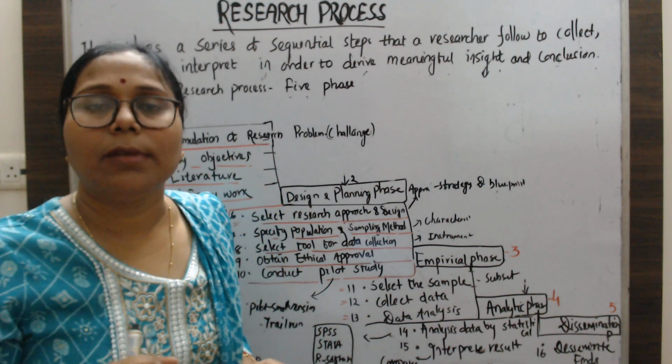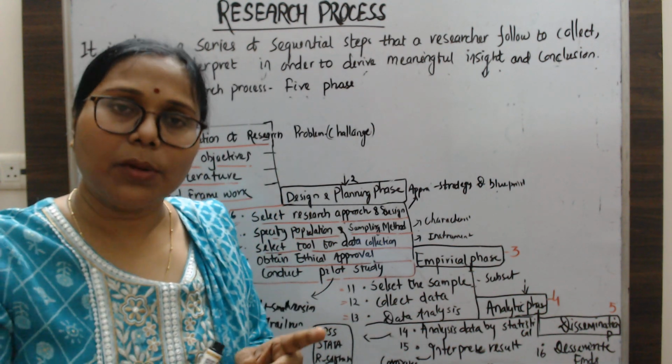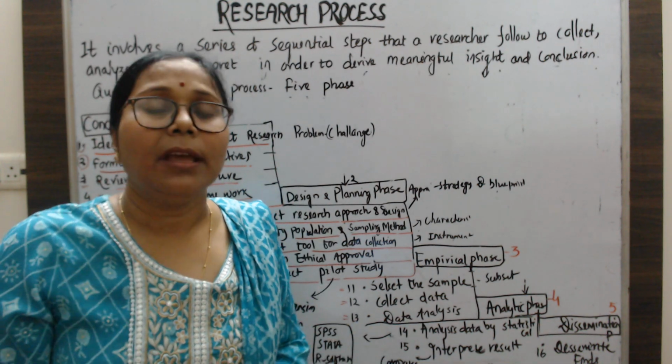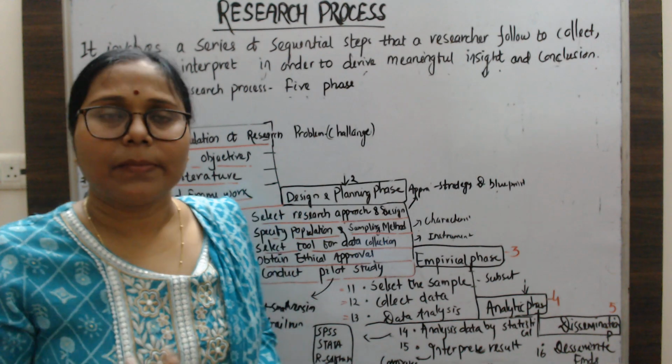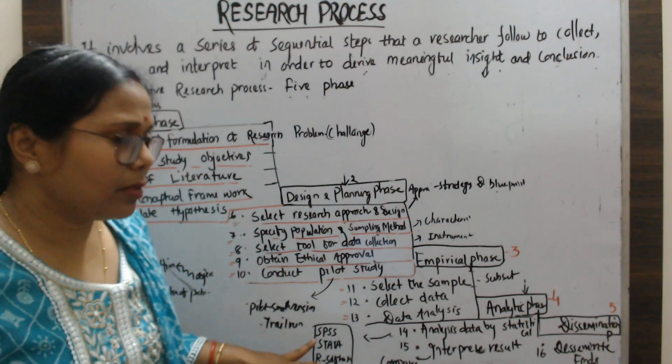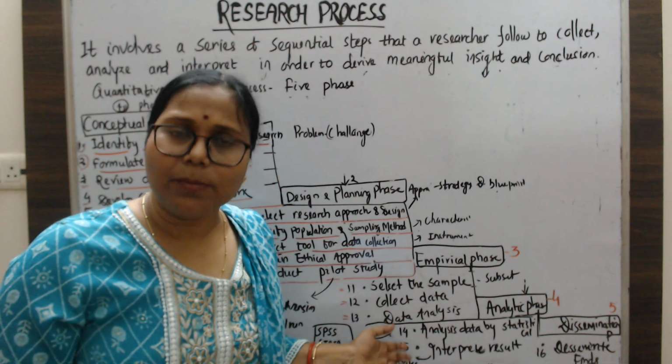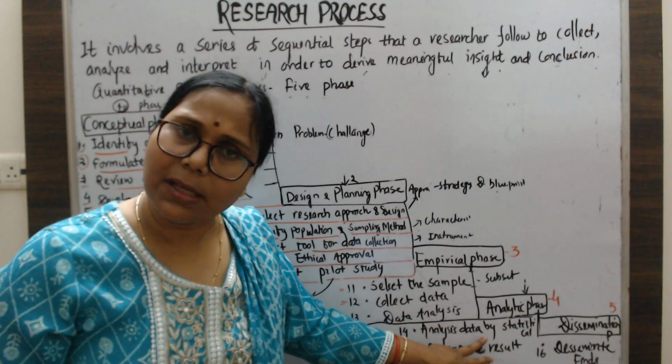Now we go for statistics. Here we apply inferential or descriptive statistical methods, and some software is available that makes calculation easy, like SPSS, Stata, and the R software. These are helpful for the calculation or analysis of the data.